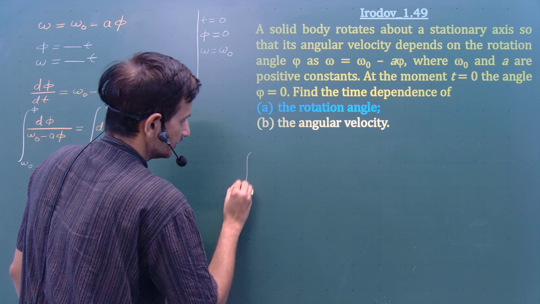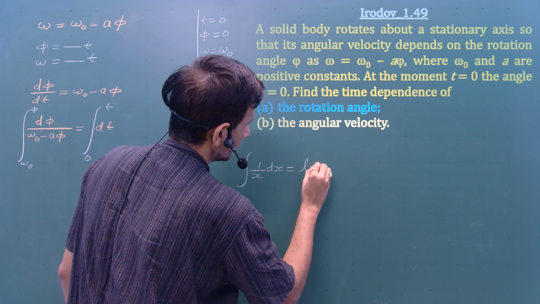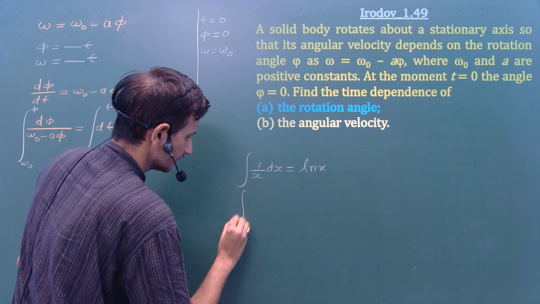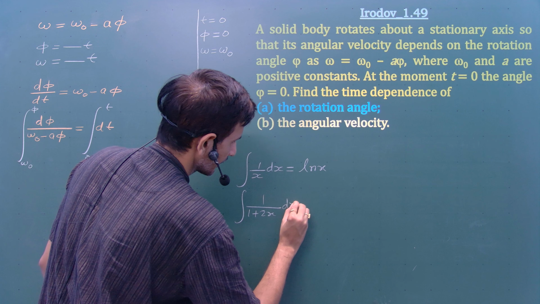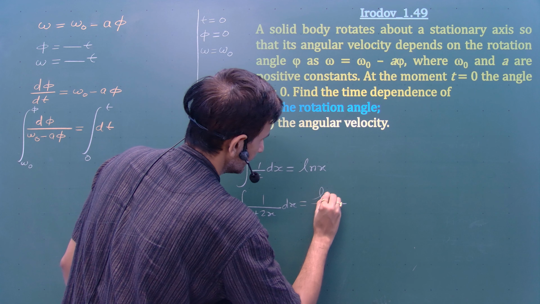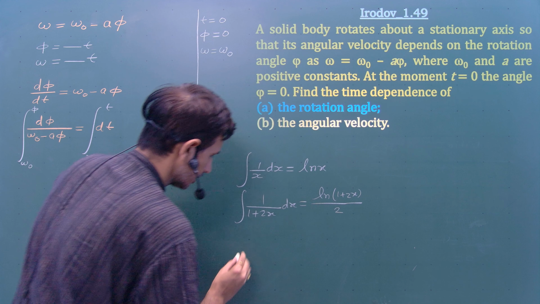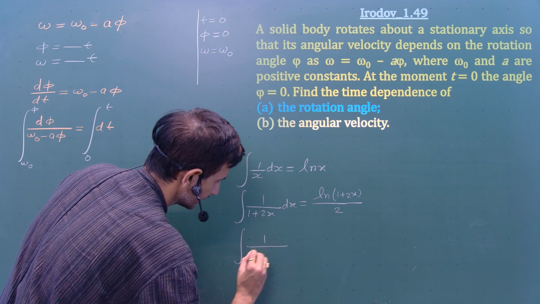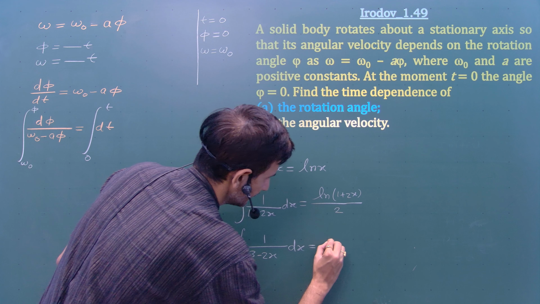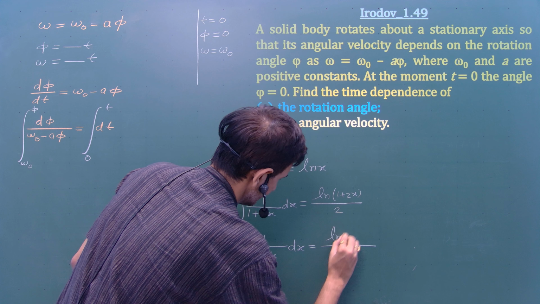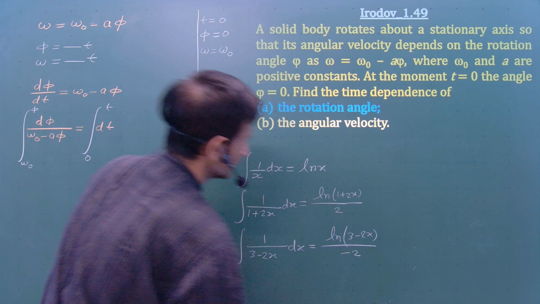For that, the integration of 1 by x dx should be equal to ln x. What is the integration of 1 divided by 1 plus 2x dx? It is simply ln of 1 plus 2x divided by 2. What is the integration of 1 divided by 3 minus 2x dx? It is simply ln of 3 minus 2x divided by minus 2.